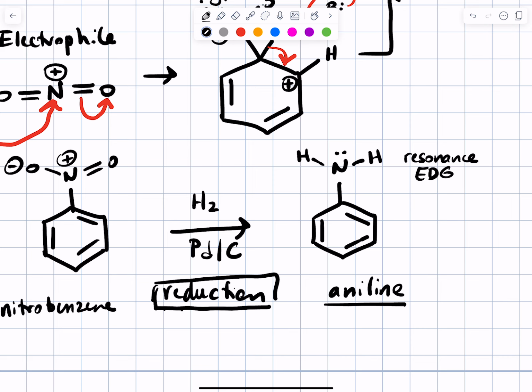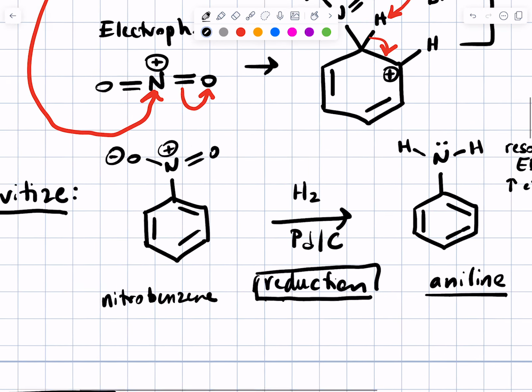It makes the benzene ring more electron rich, so it increases the electron richness of benzene. And it also has another effect in terms of subsequent reactions that we'll talk about a little bit later.